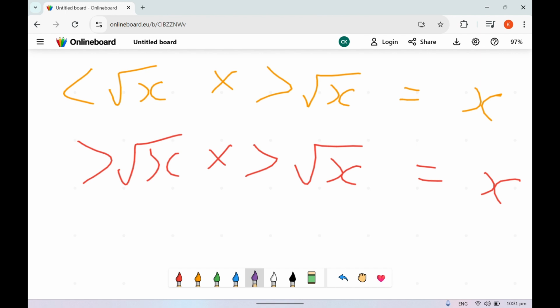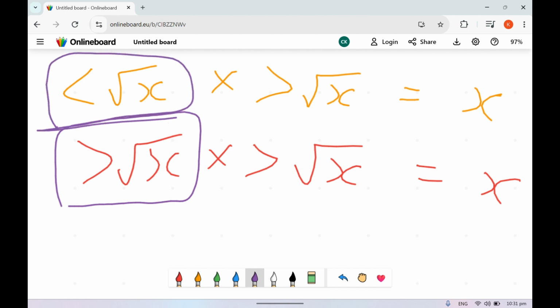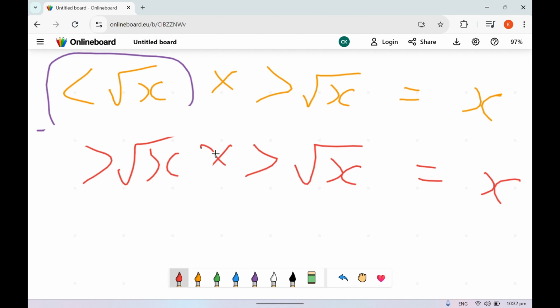We don't need to check this. Some people would say we need to be smart. We need to check things greater than the square root of x and also the primes smaller than the square root of x. But in reality, nope, we don't have to check both. We just need to check the one smaller than the square root of x. Okay, we just need to check this.